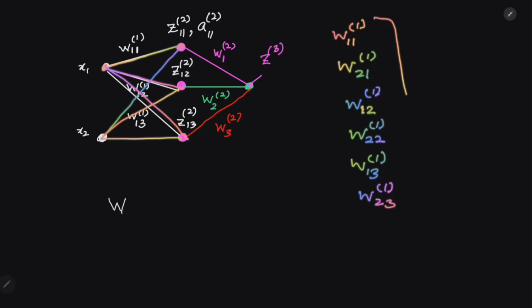So how many weights are there for the connection from input to hidden layer 1? We have 6 weights.